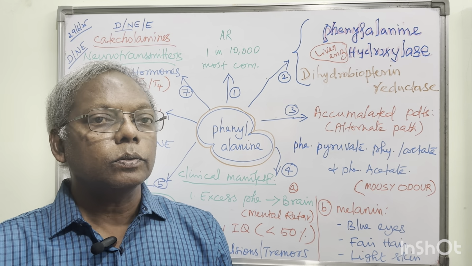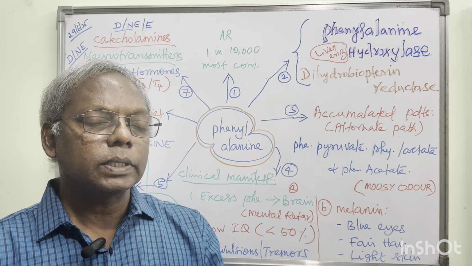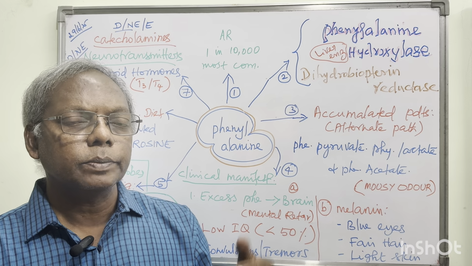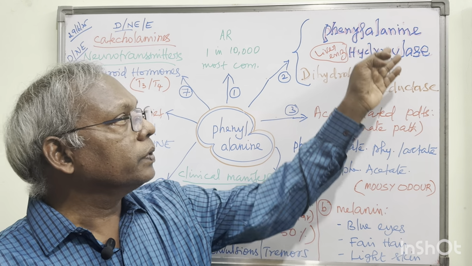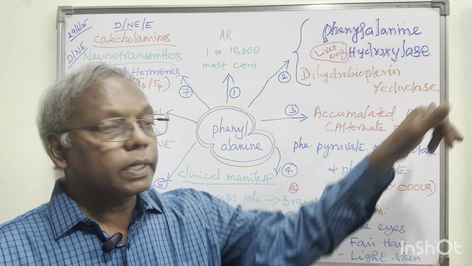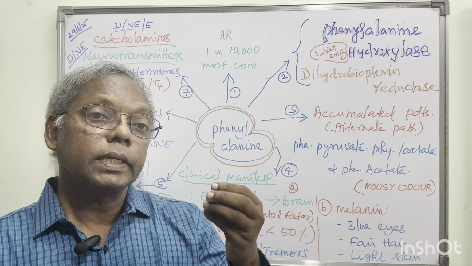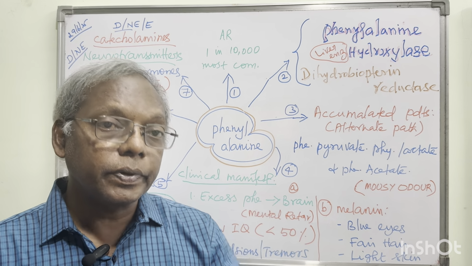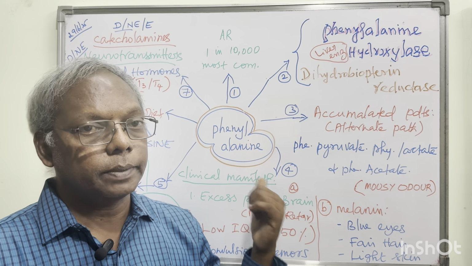Second one is, we have two enzyme defects in phenylketonuria. Some books say 4 or 5 types are there. Type 1 involves phenylalanine hydroxylase, the hepatic or liver enzyme. The remaining involve dihydrobiopterin reductase, or simply tetrahydrobiopterin synthesis defects, which produce some phenylketonuria types.